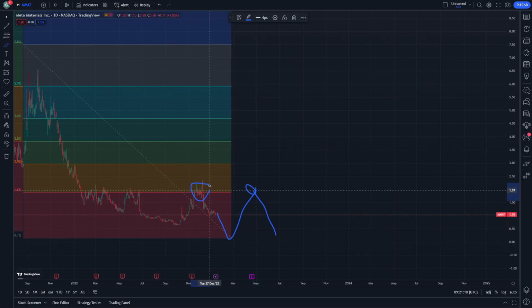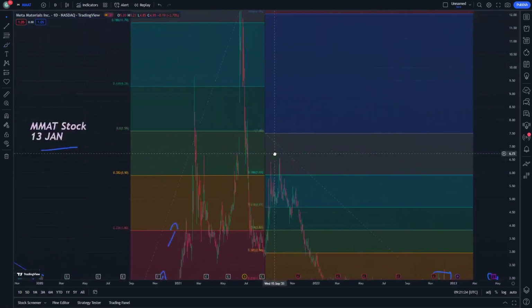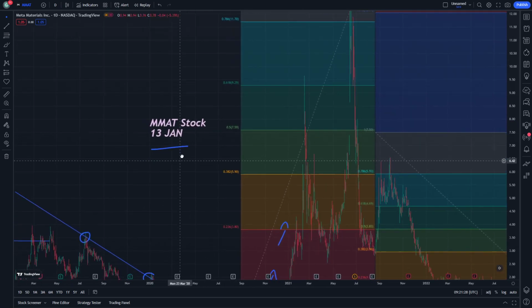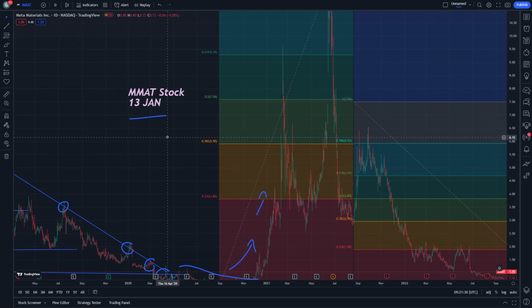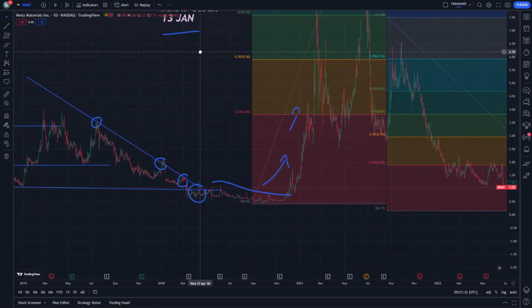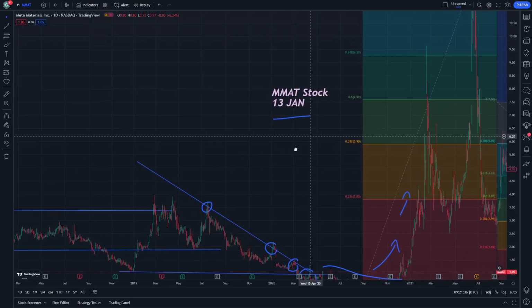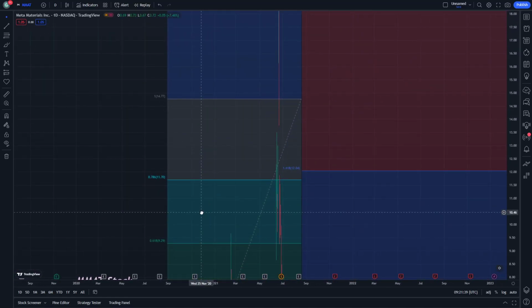Since it made these red candles on the red line, it made the decrease. So this is absolutely the true thing that we want to know about this stock on 13 January. Okay, however, we can continue our explanation about this stock and its journey.